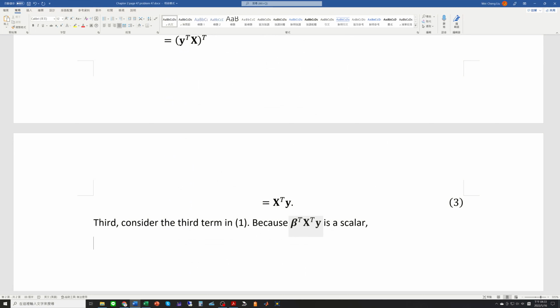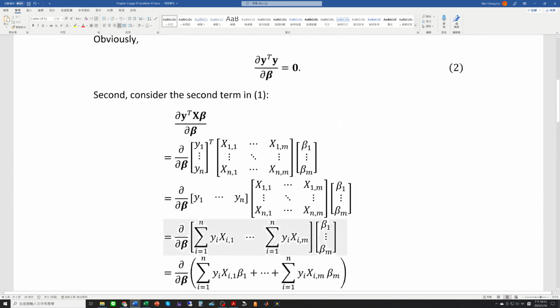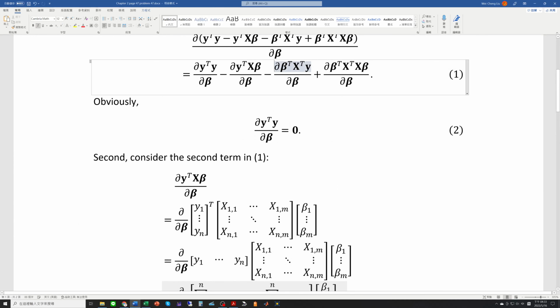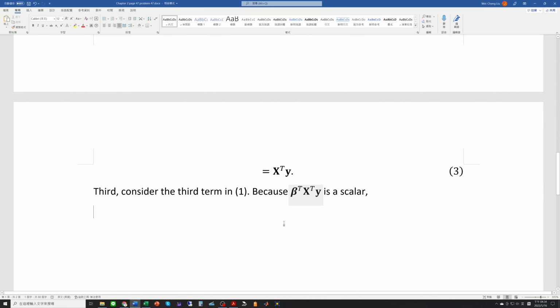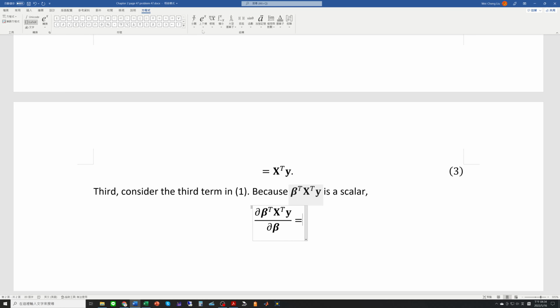So let us see the third term in equation 1. We need to copy it and paste here. So it is equal to, let us insert a fraction and a partial. Because beta transpose X transpose Y is a scalar, it is equal to the transpose of itself.